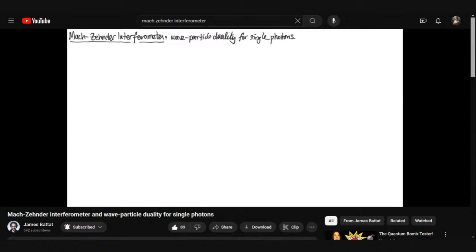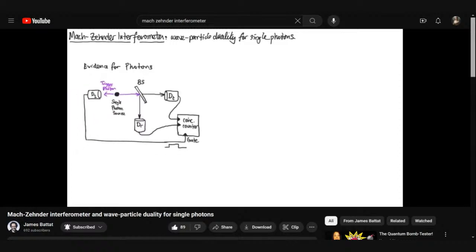Okay, but before we talk about the interferometer, let's revisit and refresh our memory about the evidence for photons, right? We had seen the following scenario where we have a source of single photons, or really a source of a pair of photons, one that serves as a trigger and the other that serves as the photon under study.